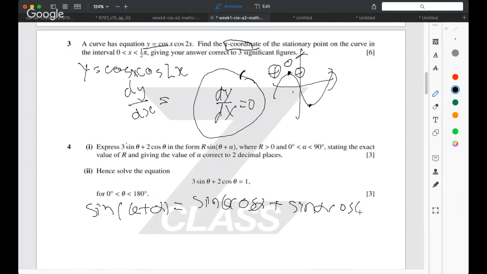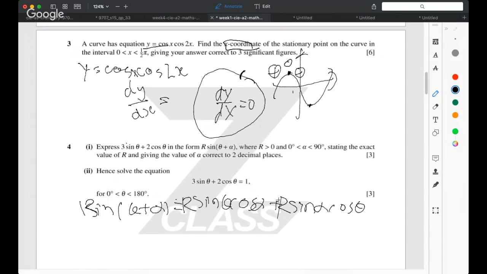And don't forget the r in front, because the expression is r times. So you have an r here and r here, right? Yeah. Okay.